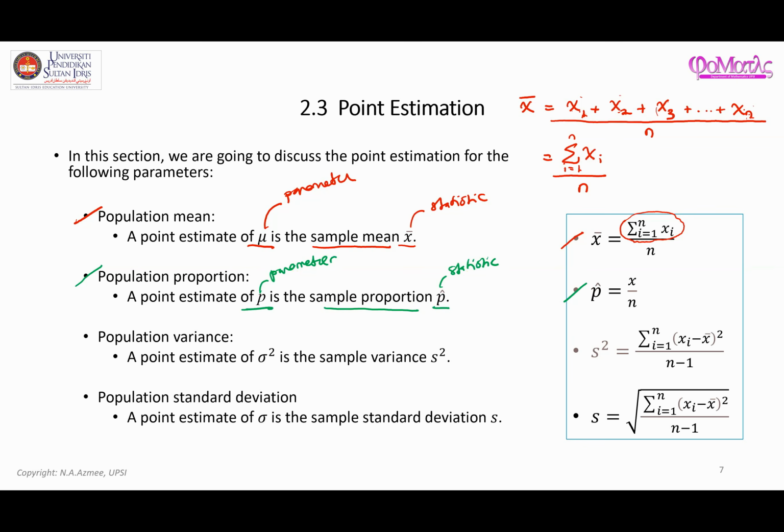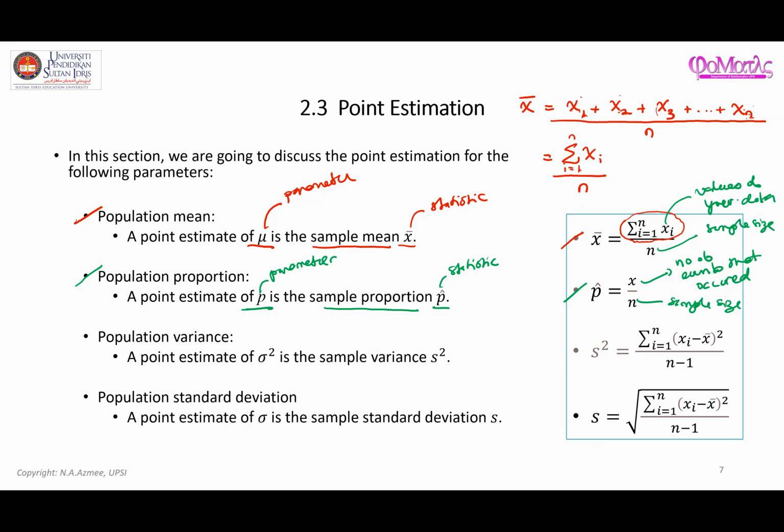The formula is given by this one, where x here represents the number of events that occurred. For this other one, x represents the values of your data, so different x, different meanings here. n is the same thing: n is the sample size, and for this one also n is the sample size.